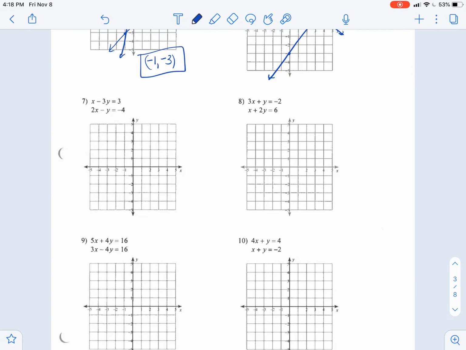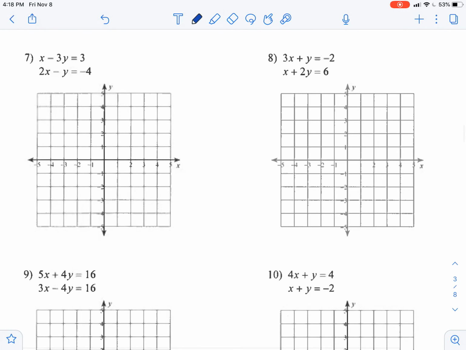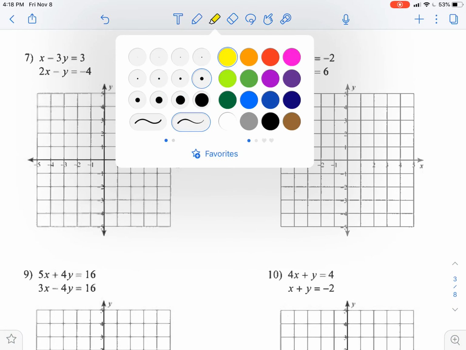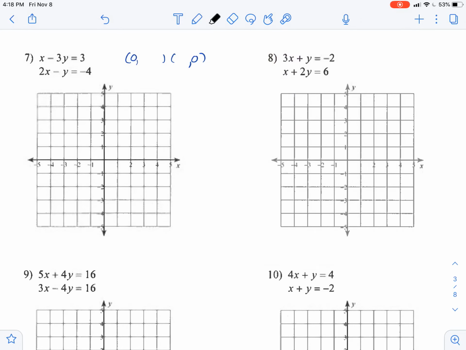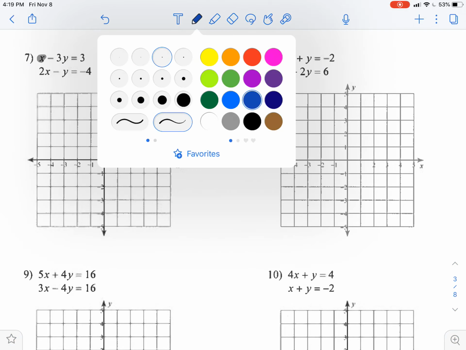So I'm going to put in 0 for x and a 0 for y. If I put in a 0 for my x, then what that does is that eliminates that x, okay?